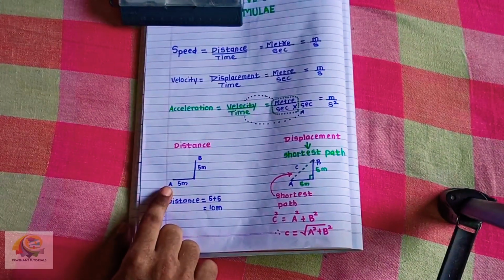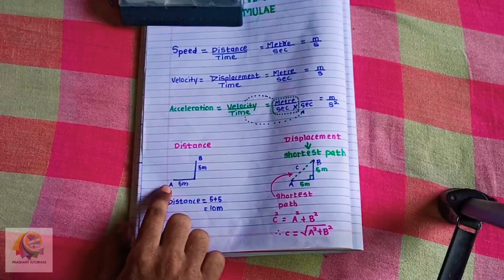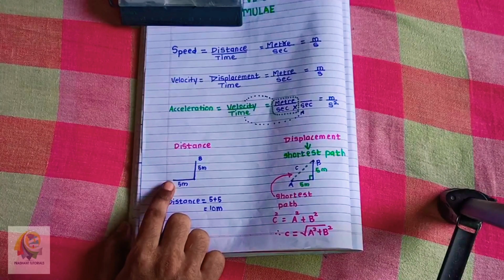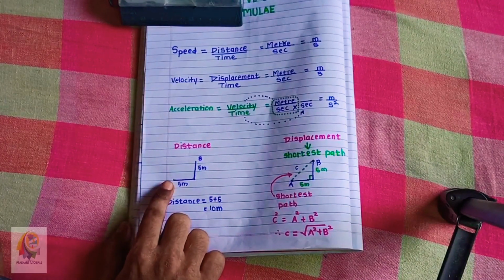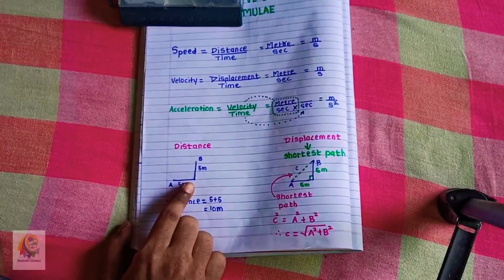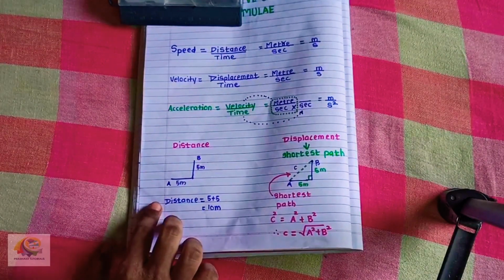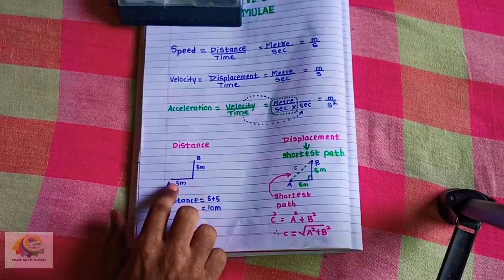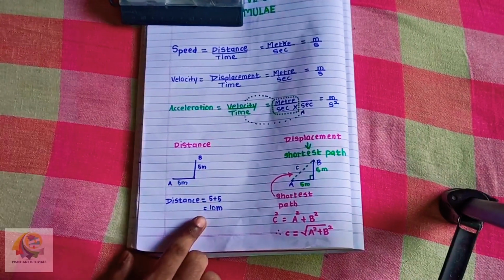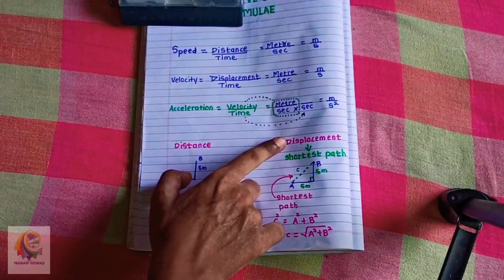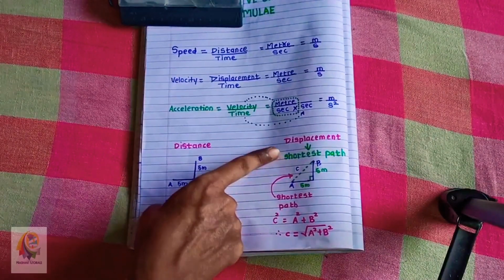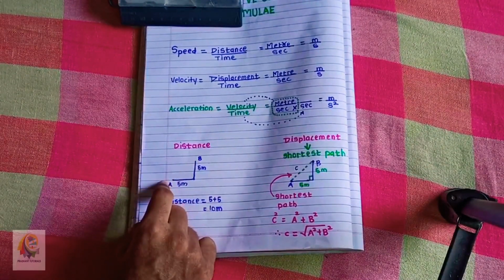Let's suppose a person is standing at point A. He travels 5 meters and again 5 meters and reaches point B. So the total distance he traveled is equal to 5 plus 5, which is equal to 10 meters. But displacement is actually the shortest path between 2 points.